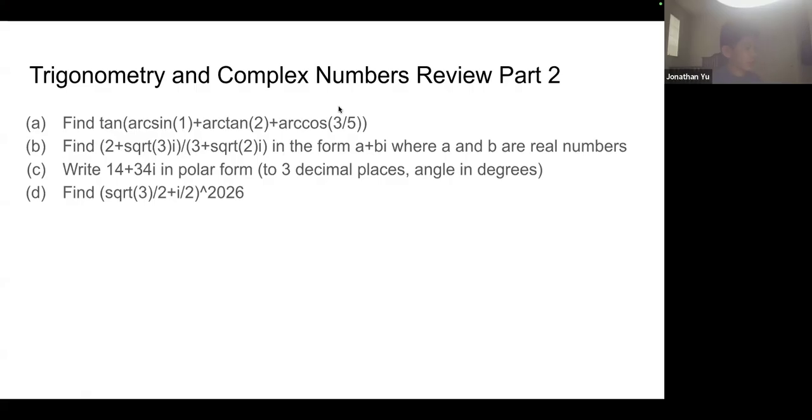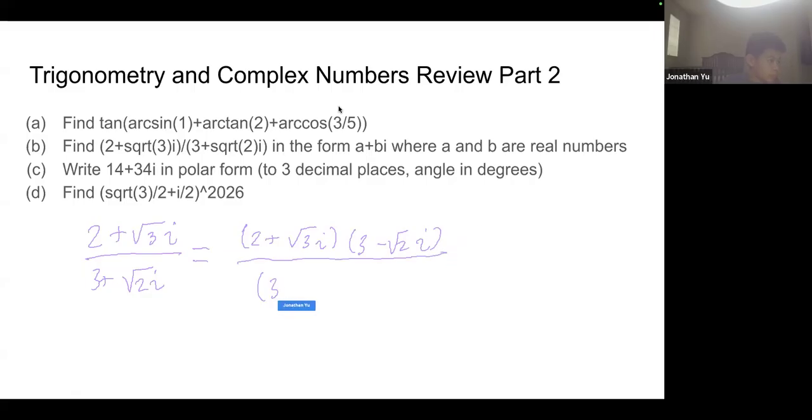For this one, we're just going to multiply by the complex conjugate of 3 plus square root 2, and then we can just expand out the numerator and denominator.